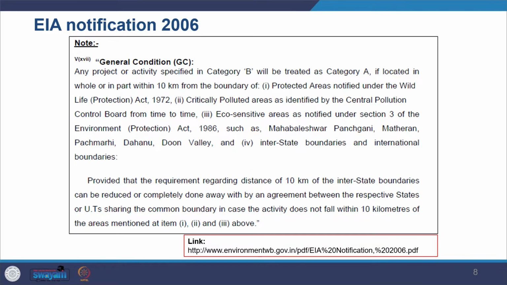Under the schedule, any activity categorized as B will be treated as A if the proposed project partially or fully comes within the radius of a protected area or eco-sensitive area. So at the screening stage itself, your category will change further. What kind of detailed study would be required will be decided here. You can see part of the notification snipped for you here.